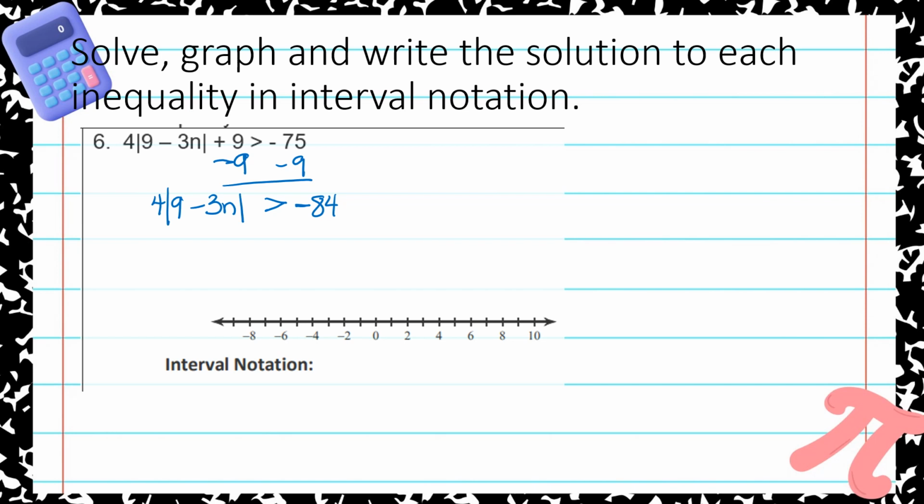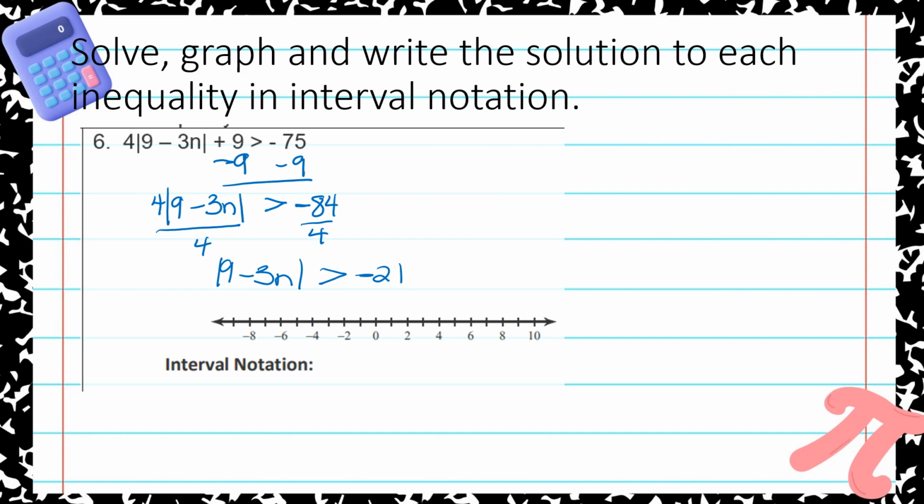Now I have 4 times that absolute value, so I'm going to divide both sides by 4. And I get the absolute value of 9 minus 3n is greater than -21. Hopefully some alarm bells went off in your head and said, there's a negative there. If you did that, that's a win.